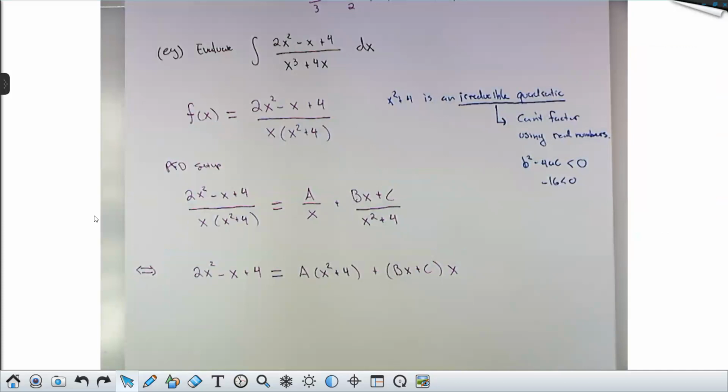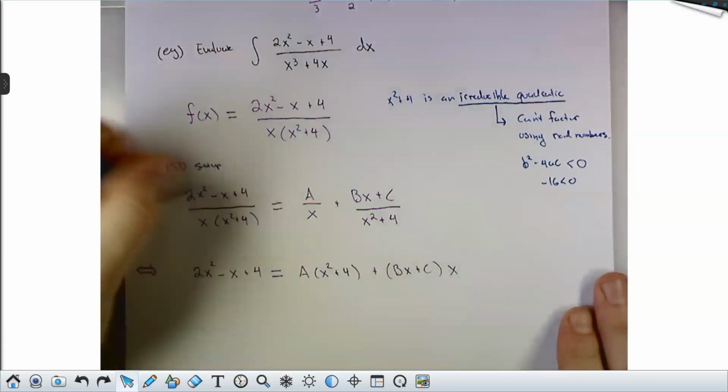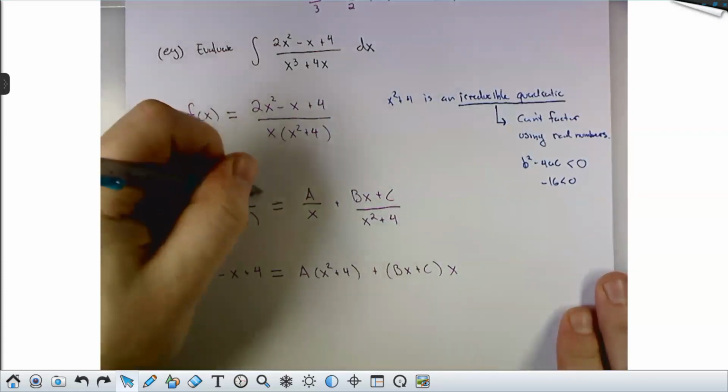I multiply x times (x² + 4) on both sides. So I'm multiplying both sides by the denominator.